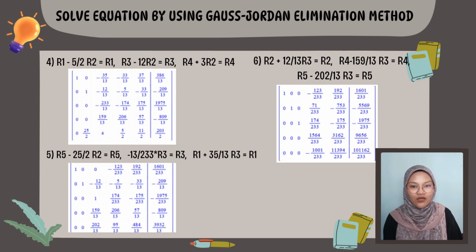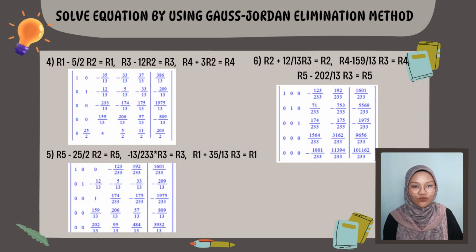Next, row 5 minus 25 over 2 multiply by row 2 minus 13 over 233 multiply by row 3. Row 1 plus 35 over 13 multiply by row 3.